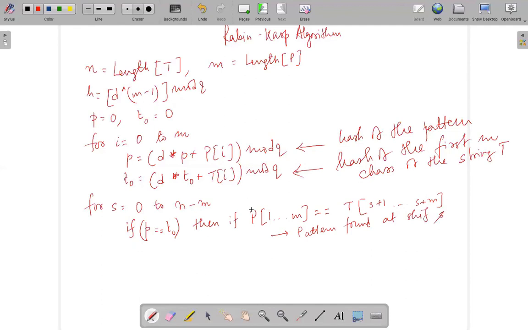Okay, so this part you can interpret as an explicit character by character matching.